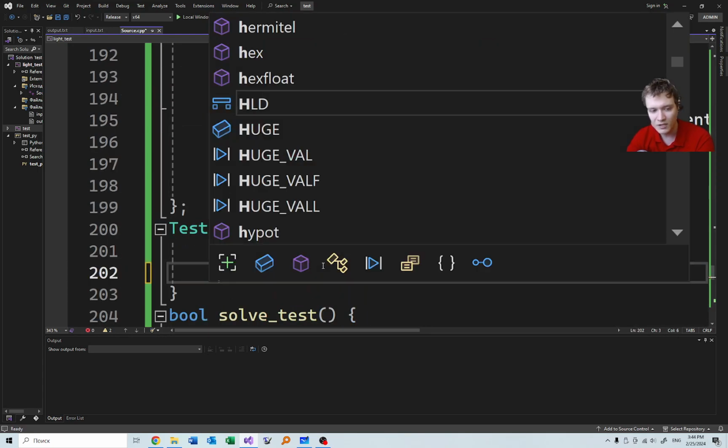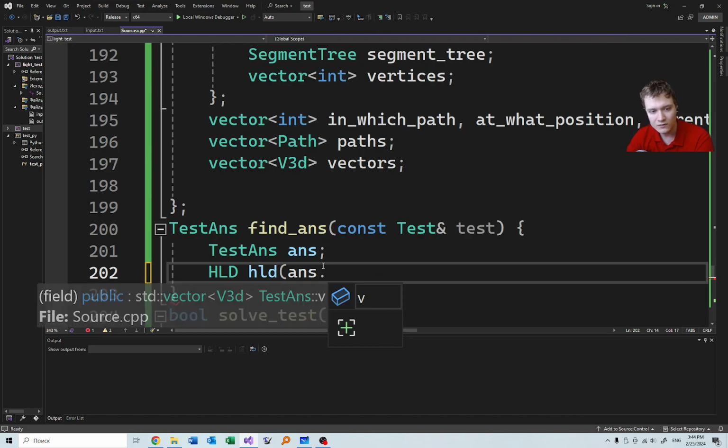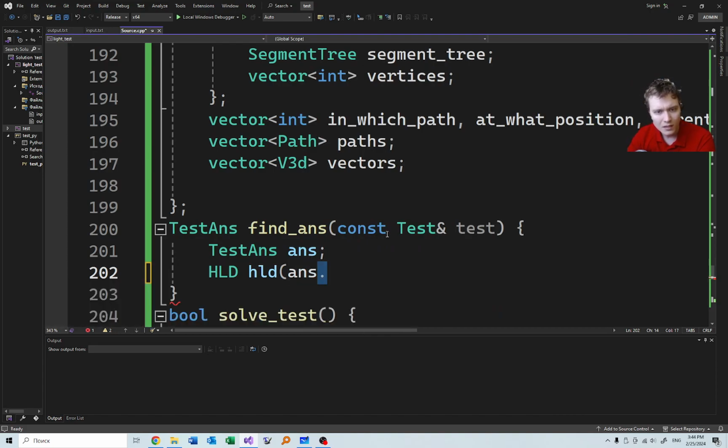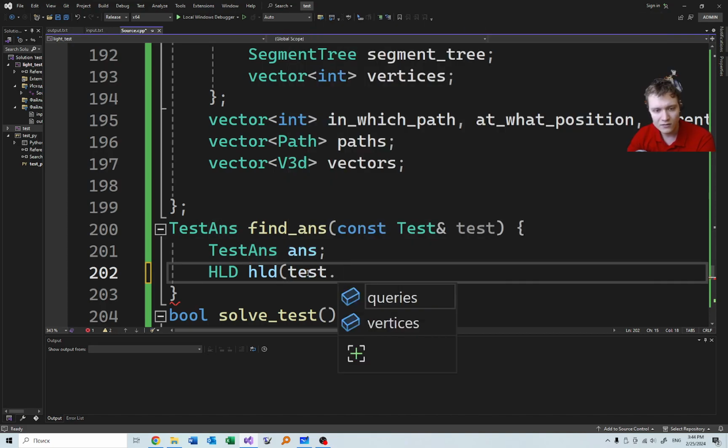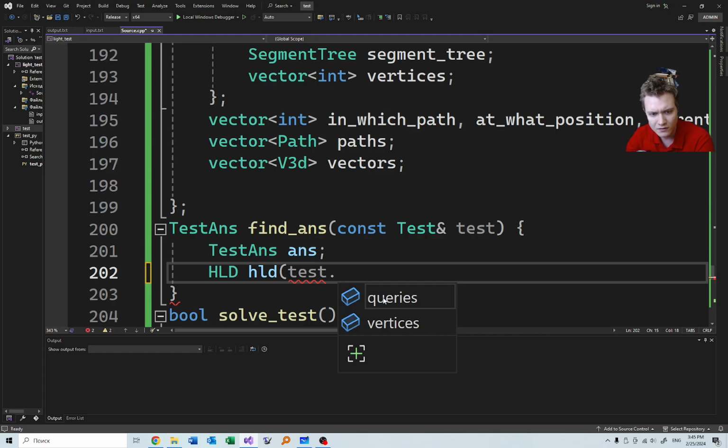So in find ans, we need to construct a HLD given the test dot queries. Not test.queries, but test.vertices.